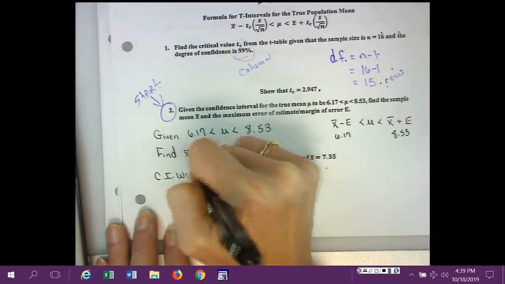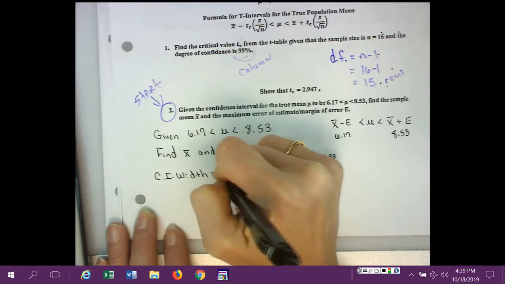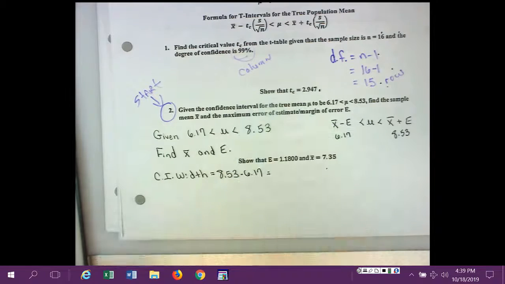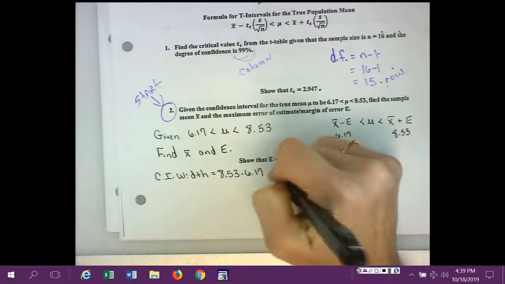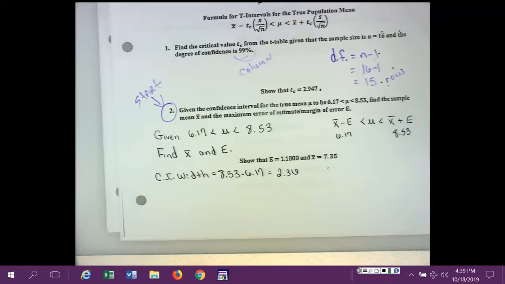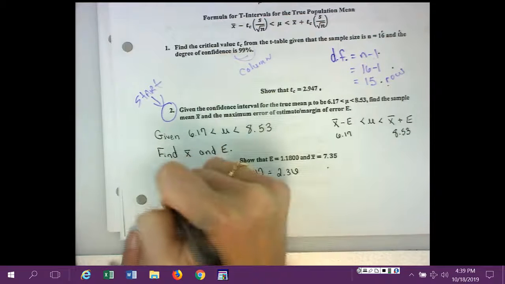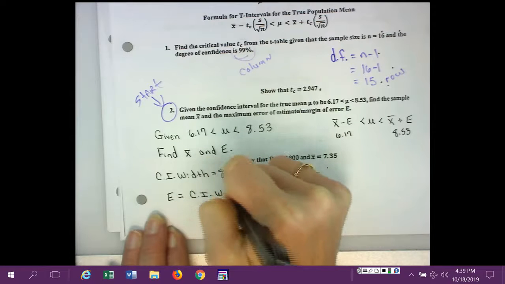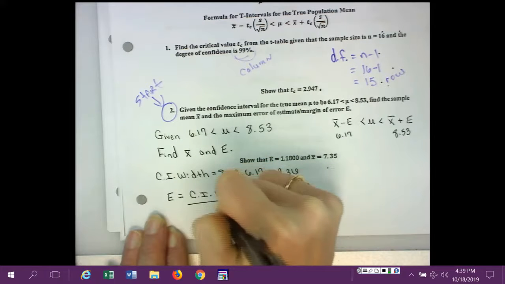And I highly suggest you do that first so that you see that 8.53 minus 6.17 is a difference of 2.36. The confidence interval width. E is the confidence interval width divided by 2.